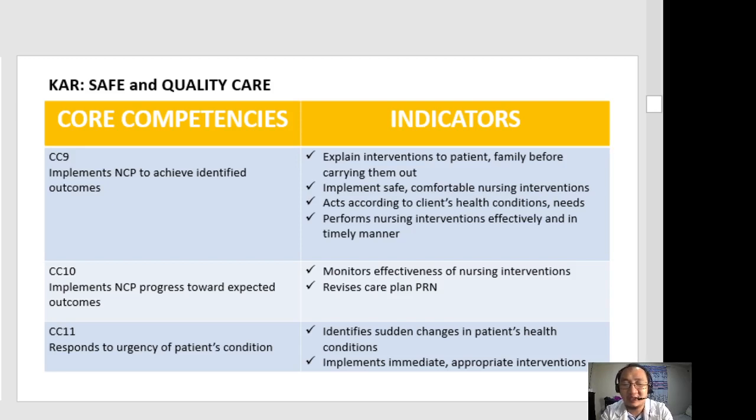There should be several solutions, so that if plan A didn't work, we can go for plan B, plan C, hoping that as early as plan B it will be more effective than plan A, because you're dealing with people here, with lives here. That's why safety and quality care is presented as number one.